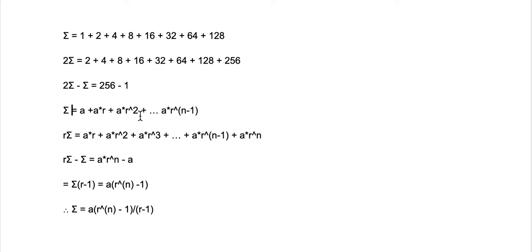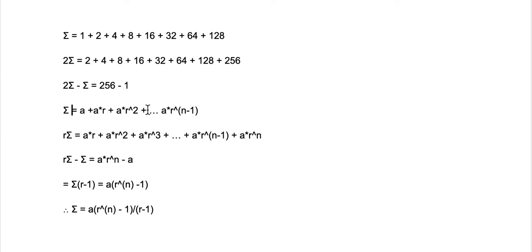R square, r to the power of 2, is stating that you are multiplying r 2 times by a. So 1 times 2 is 2 times 2 again, because we're multiplying again by the common ratio, r, and then we get 4. So on and so forth.